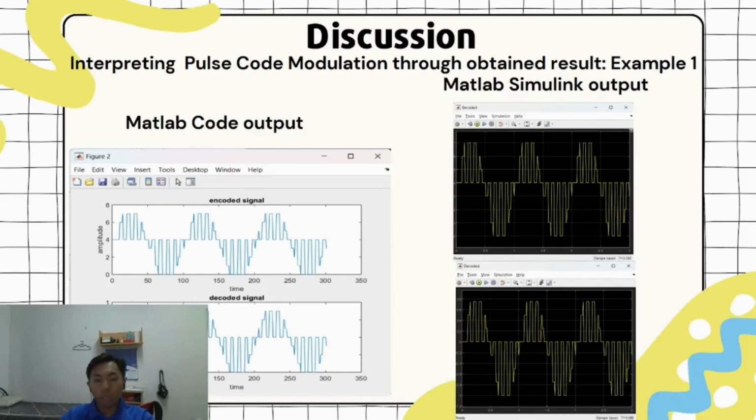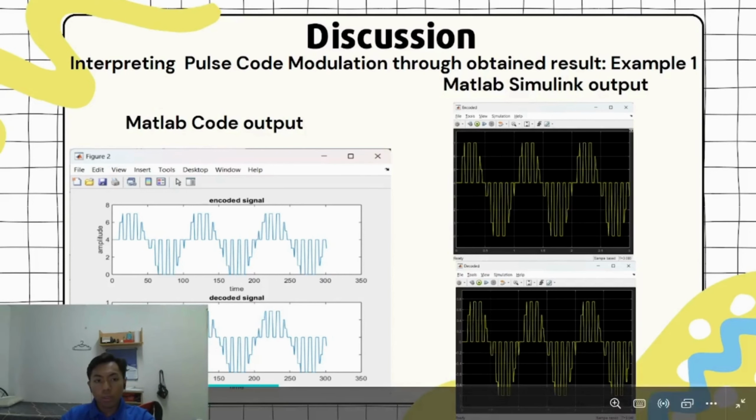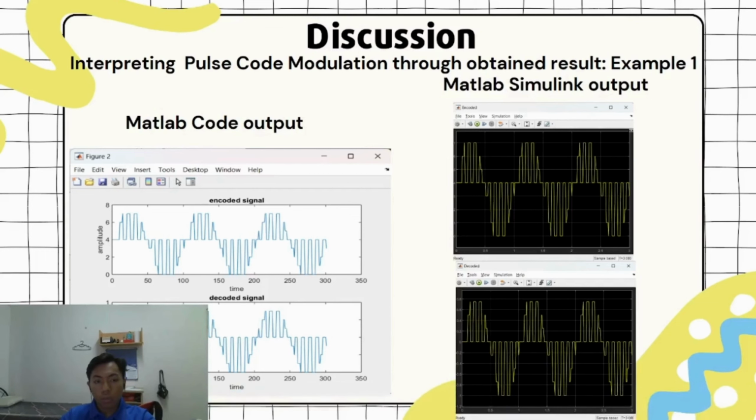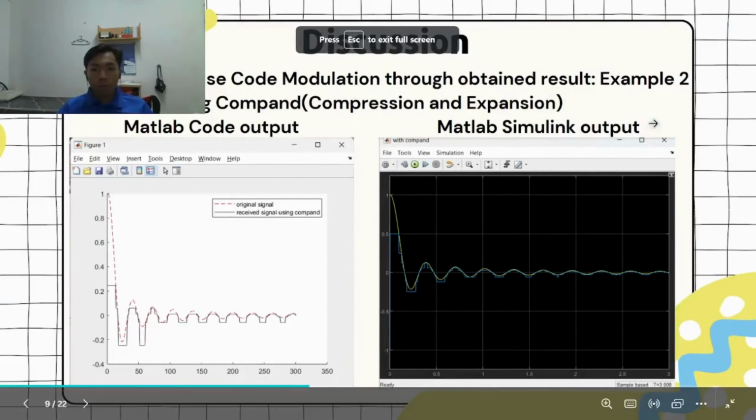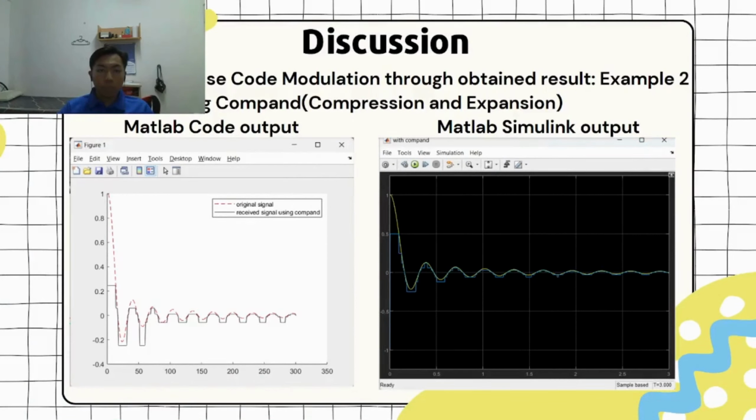As you can see, the signal is decoded into amplitude values ranging from 1 to -0. The output is also the same.